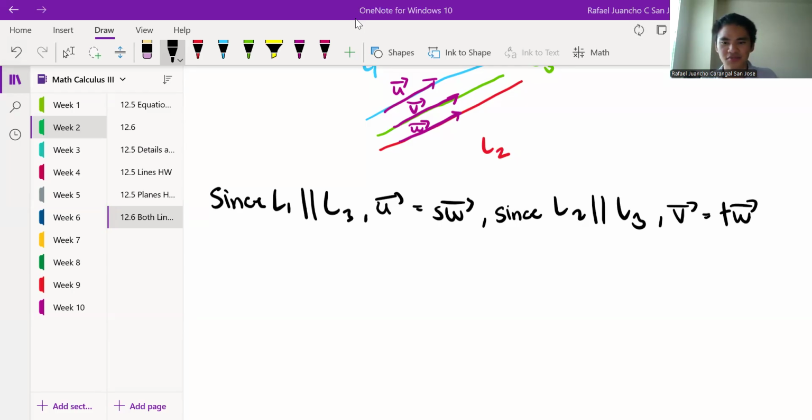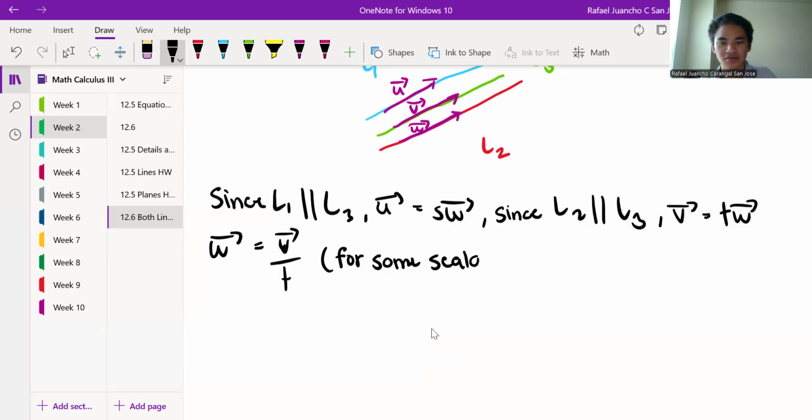And so here we can substitute that. Here we can get w is v over t. These are for some scalars.